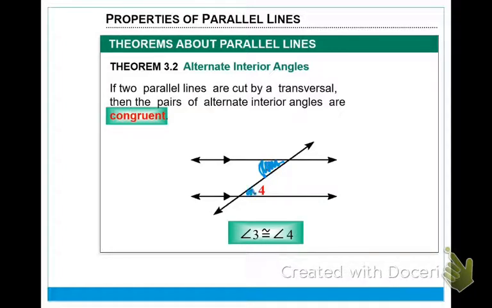So 3 and, what was that, 6 on your paper? And then 4 and 5. All right, so that's alternate interior.